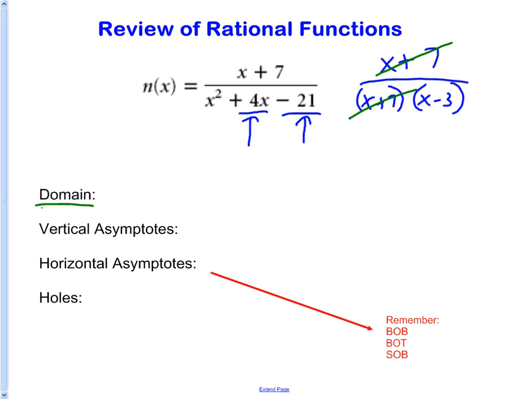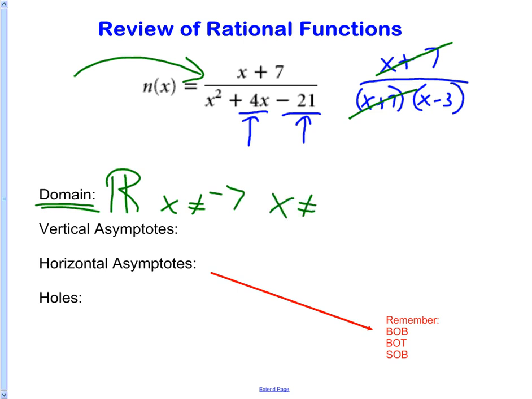All right, so here's the process we usually did. We did domain, which is what numbers can go into this thing and make it work. Well, all real numbers will work, except x cannot be negative 7 and x cannot be 3. Now, there's another way to write that if you want to. You can say that it goes from negative infinity up until you hit, what's the first number you'd hit going along the number line?